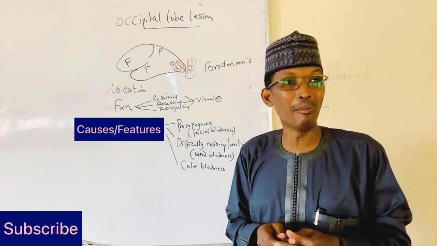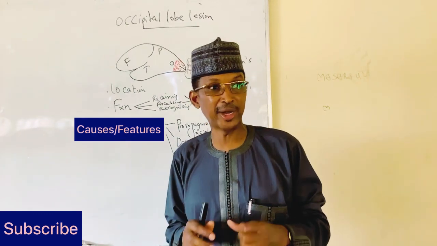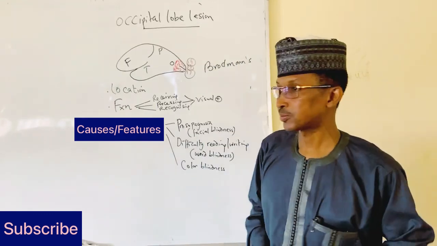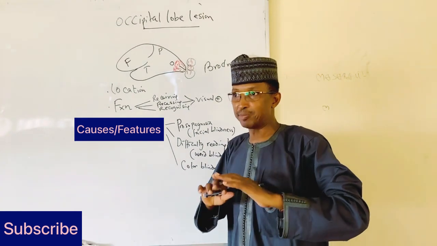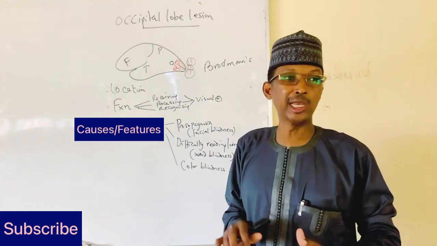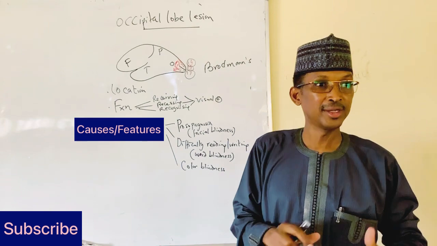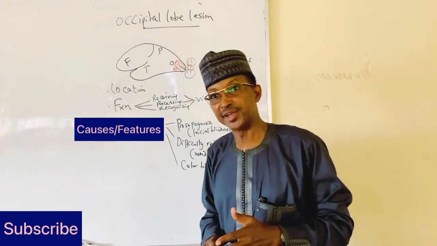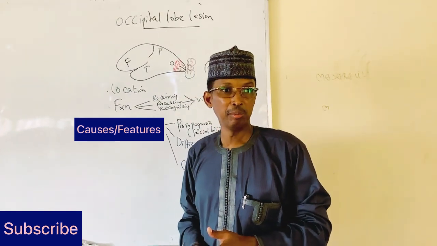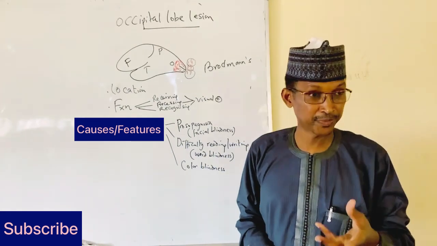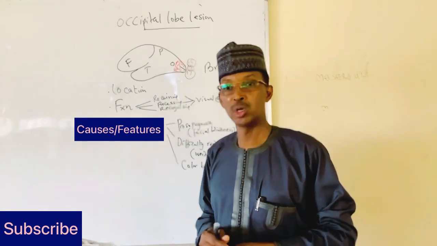Each of these numbers represents a particular function. Generally, the occipital lobe is responsible, number one, for vision. Secondly, memory: memory to do with the vision, what you have seen, which you then put into memory.